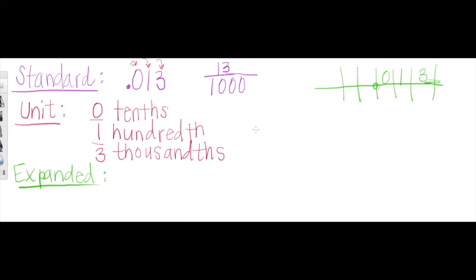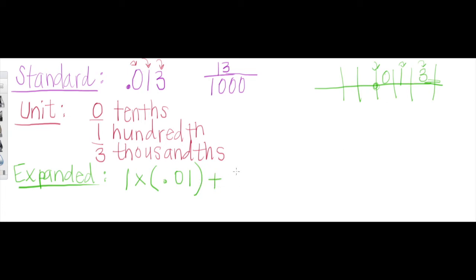Expanded form, we're going to look at each place value, and we're going to write in an expression how many copies of each place value we have. So we can write expanded form in decimal or fraction. Let's do decimal first. So we are looking at 1 copy of 1 hundredth.